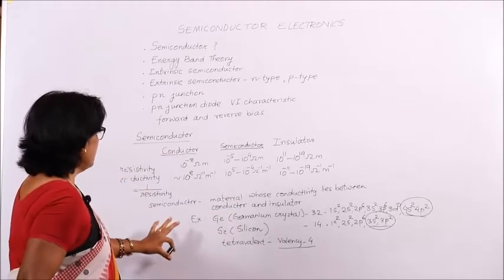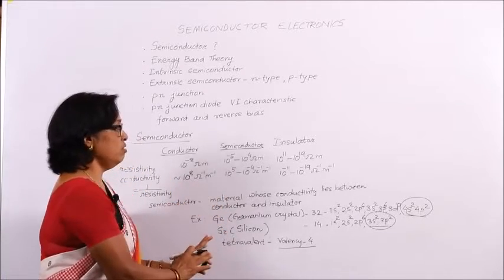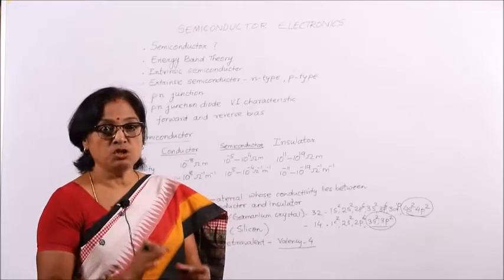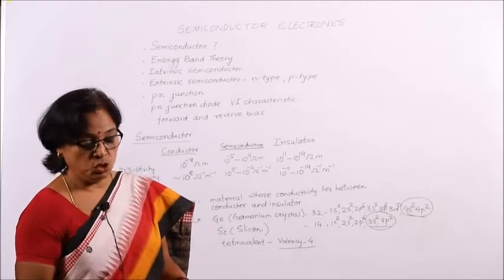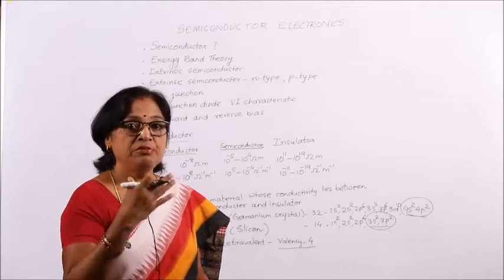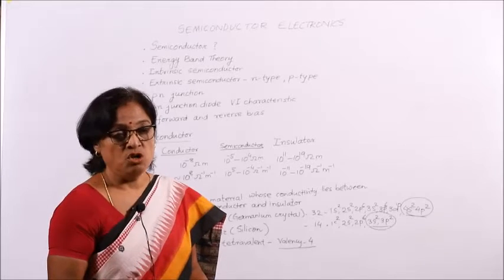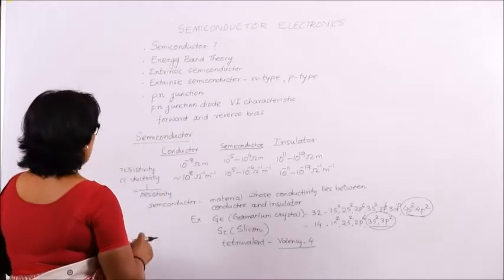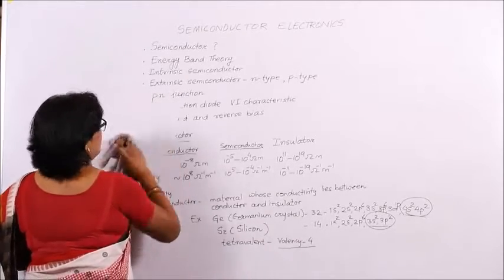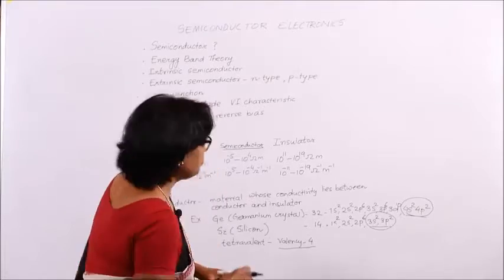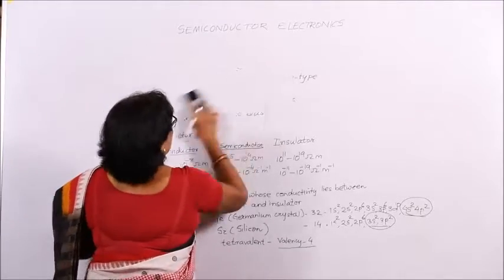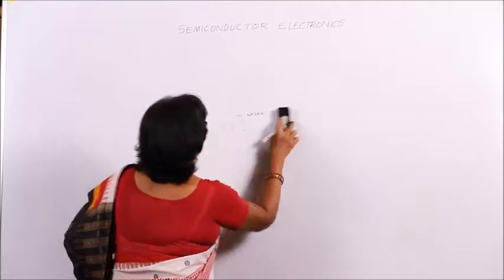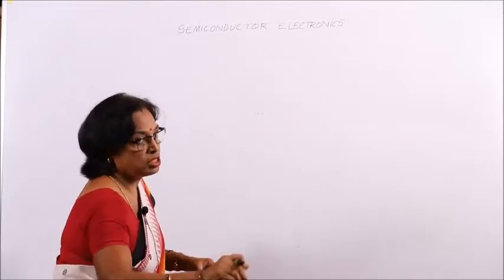So let us see how germanium and silicon are semiconductors, and why we say that at 0 K they do not conduct, but if the temperature is more, they can conduct, or if you add some impurity, they can conduct. So let us move to what a germanium is.